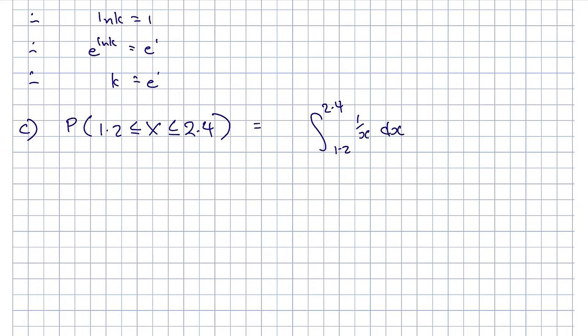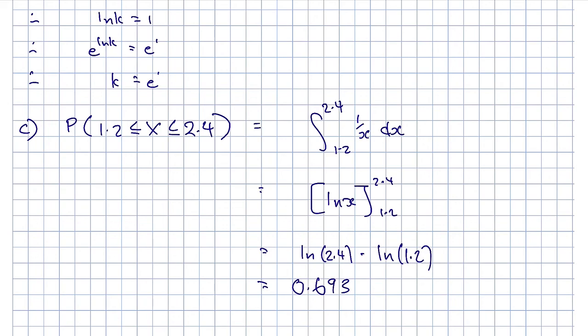Now, I already know that that's equal to ln x from 1.2 to 2.4, and therefore it's ln of 2.4 take ln of 1.2. Plug it into your calculator, I already did it, so 0.693 and on. Probably a good habit, and usually in exams and tests, if it doesn't tell you otherwise, go to 3 significant figures for your answer. So that's a good answer to leave at 3 significant figures.